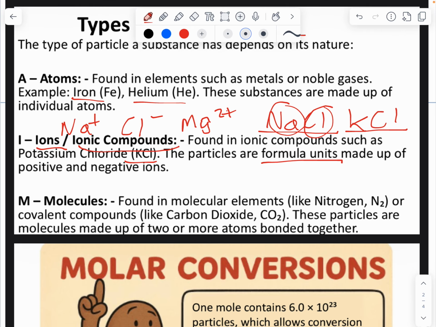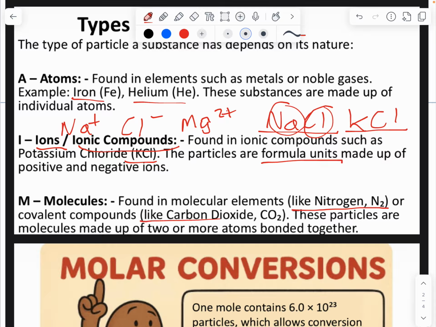These are particles. The last one is molecules, and molecules are really made from the bond between non-metals, only non-metals, and this is a covalent bond. For example, the bond between a nitrogen and nitrogen atom gives us a covalent bond. Two non-metals coming together give us a molecule.